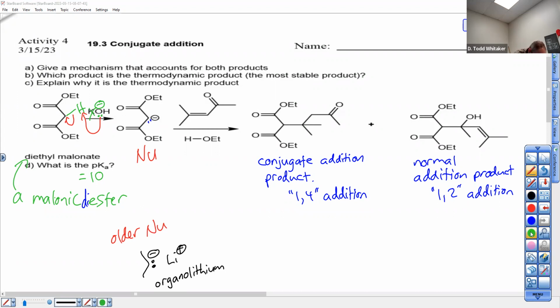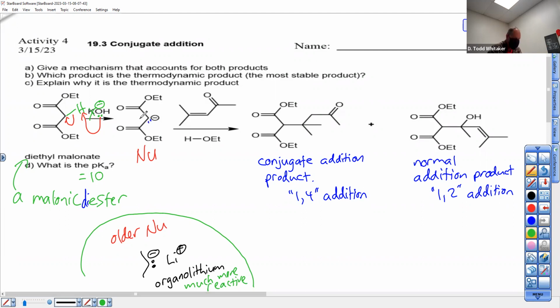Why is this one much more reactive than the nu at the top of the page? Why is it much more reactive than the nucleophile at the top of the page? This one.